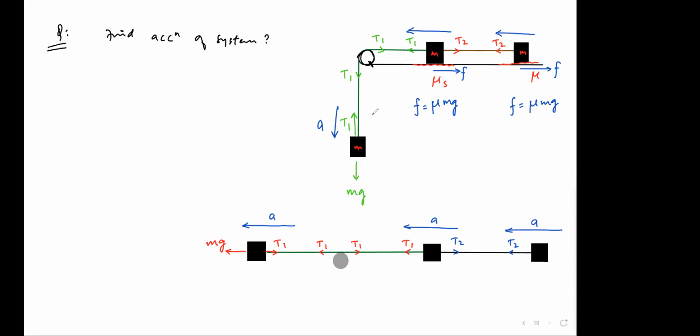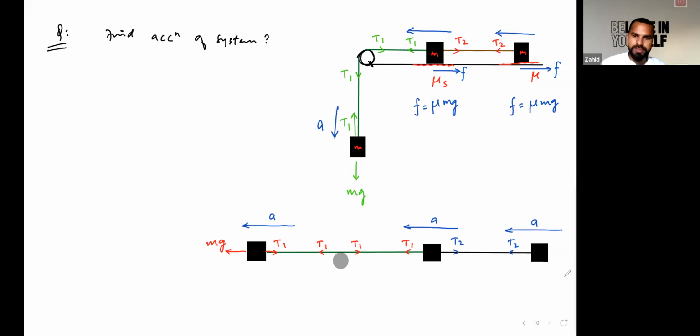Yes, sir. I've just brought this particular mass straight to it so that it will be just a straight body system. Now from this, calculate using the second law, F net divided by total mass.